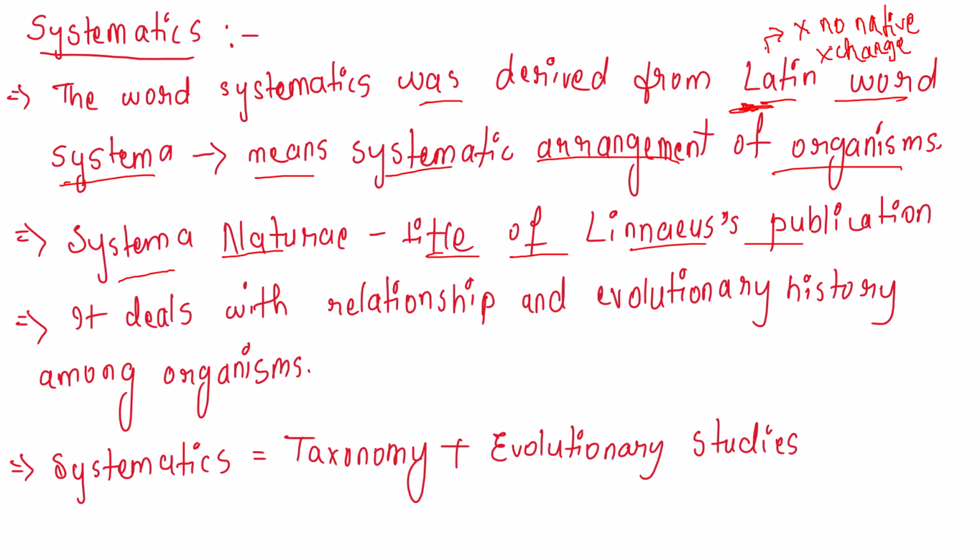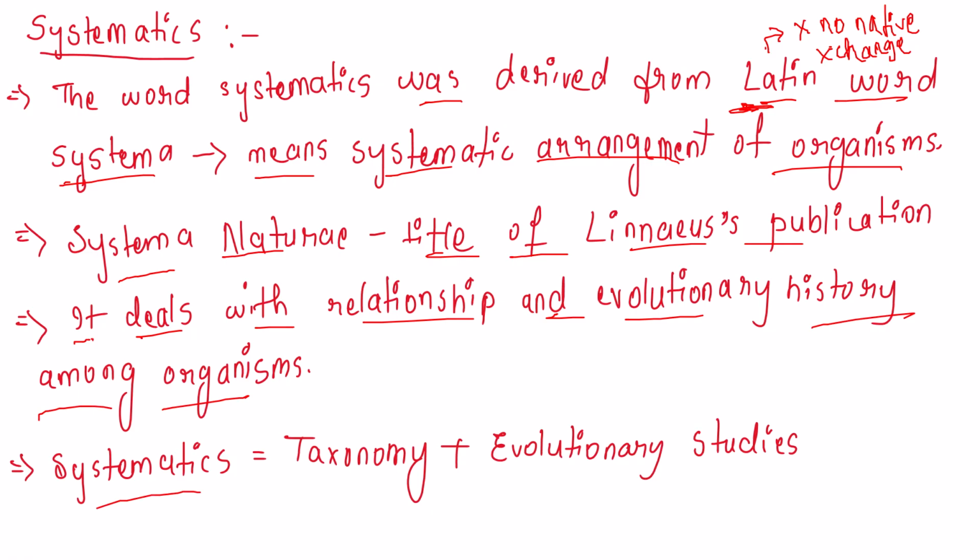Now, what does systematics do? What taxonomy did was identifying an organism, classifying it into various different groups, and then naming it. That is what taxonomy did. Systematics goes one step ahead. It deals with relationships and evolutionary history among organisms.